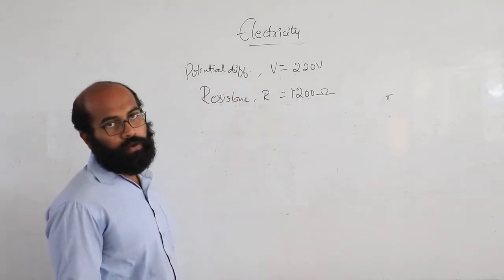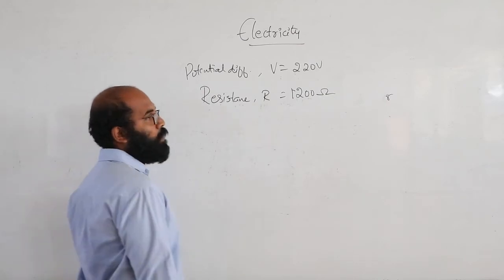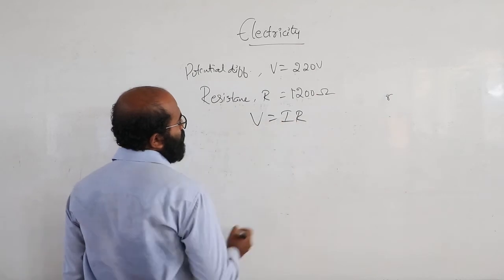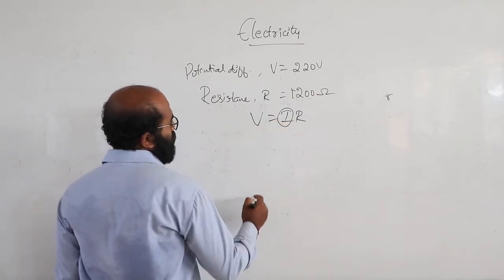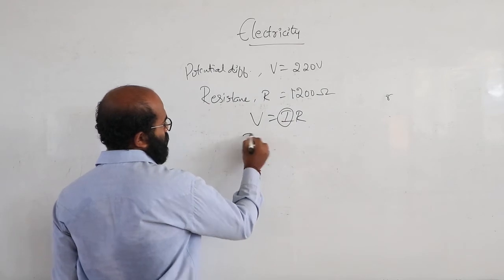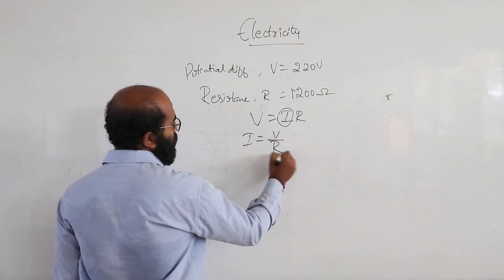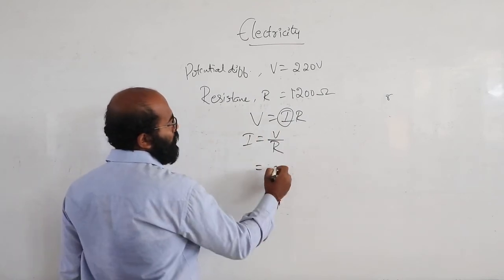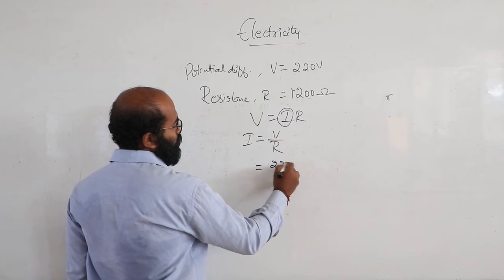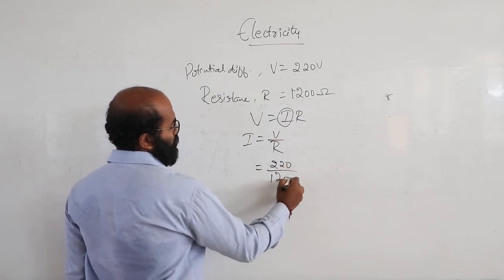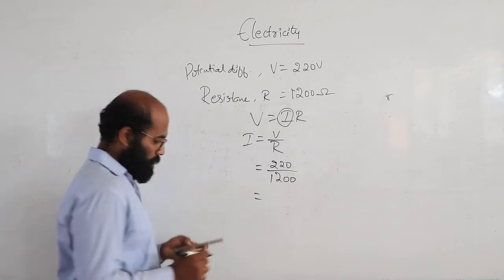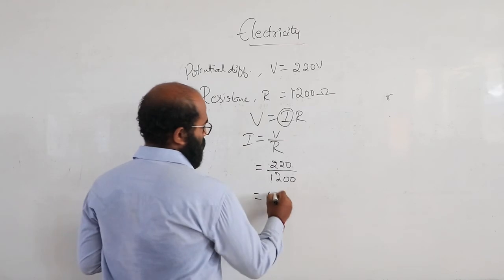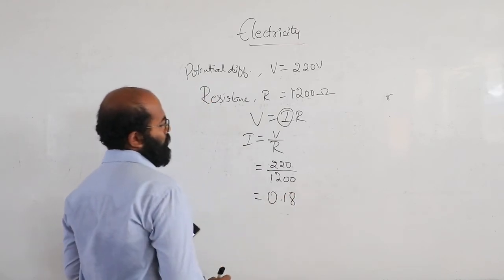So you know V, you know R. With the help of Ohm's law, V is equal to IR. You have to find current, so send R to the other side. So I is equal to V by R. When you substitute the values, V is 220, R is 1200. When you do the calculation, you get the value 0.18.